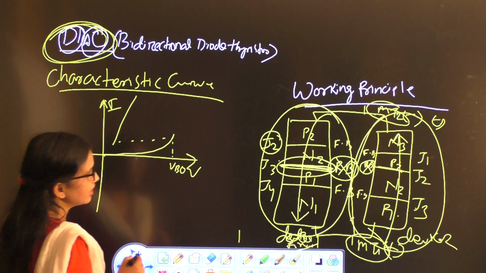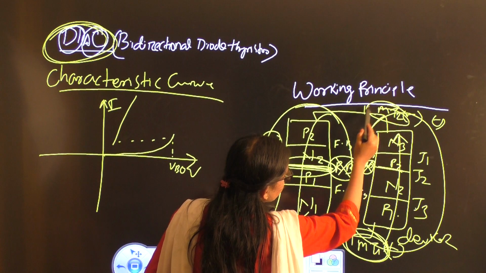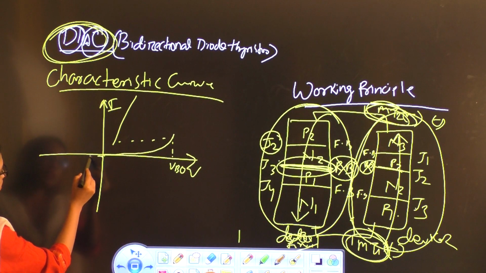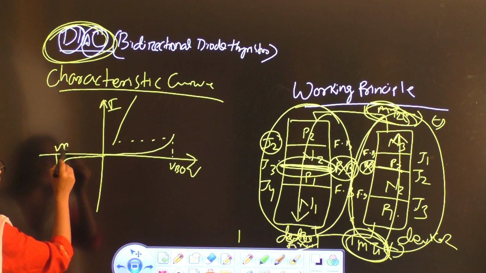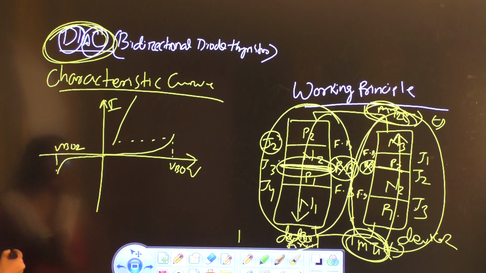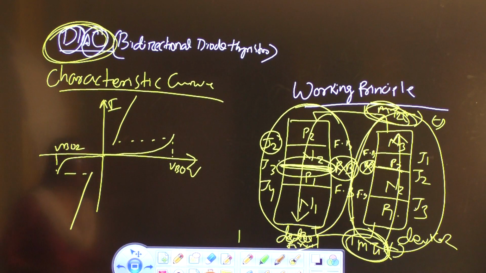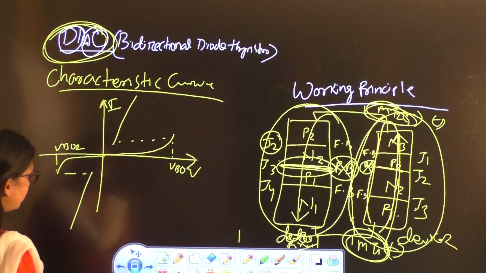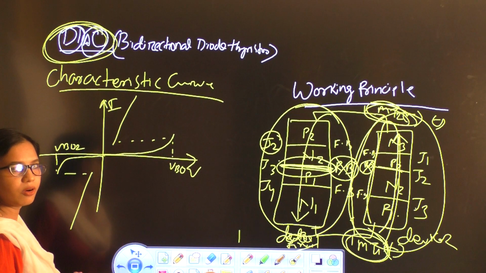In the second case, when MT1 is positive with respect to MT2, you can see in the characteristic curve that when the voltage level goes beyond the breakover voltage, that is VBO2, the current starts flowing in this junction. So this is the characteristic curve of DIAC.